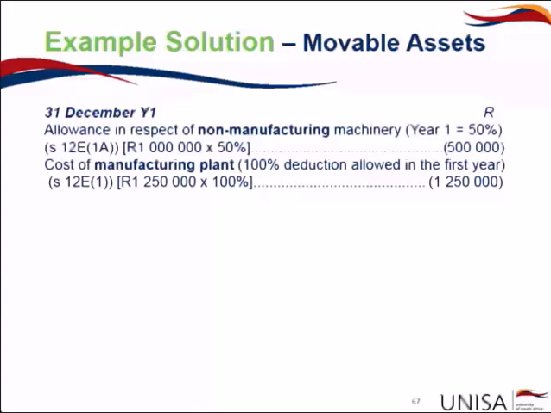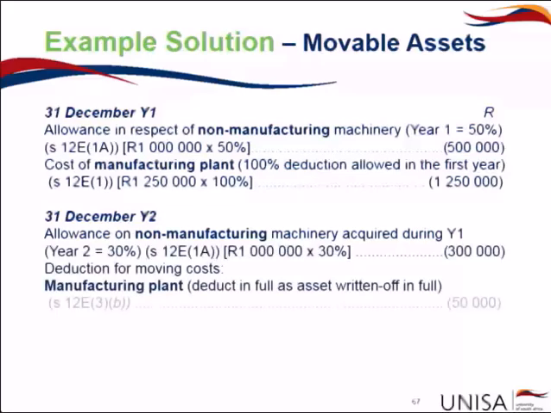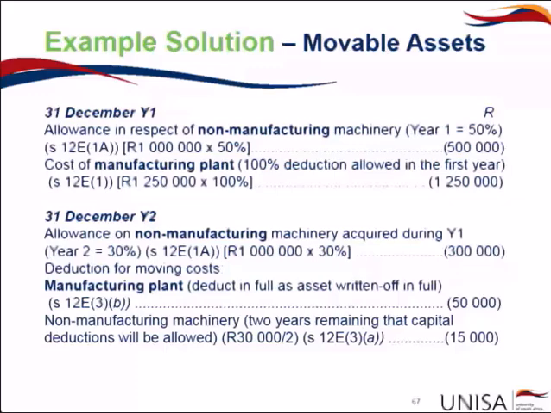In terms of the manufacturing plant that was purchased for 1.25 million, because this is a small business corporation, they will get 100% deduction in year 1. In year 2, the allowance on the non-manufacturing equipment is now 30%, so they will get 300,000 of the 1 million. The manufacturing plant is fully written off, therefore there will be nothing in respect of the manufacturing plant.